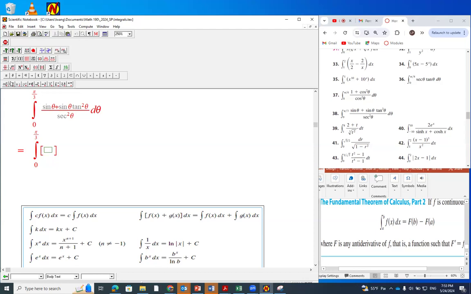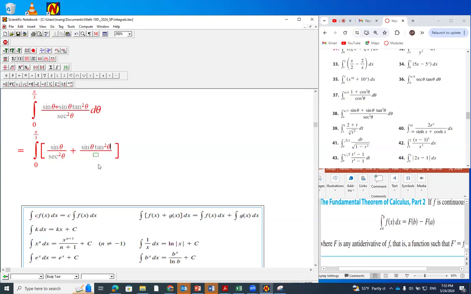I'm going to put a bracket for clarity: sine theta divided by secant square theta, plus sine theta multiplied by tangent theta.